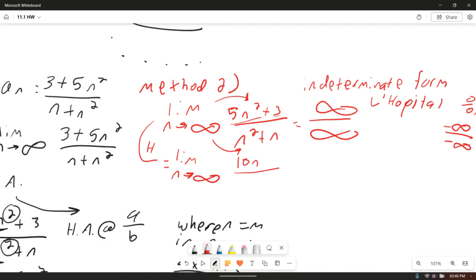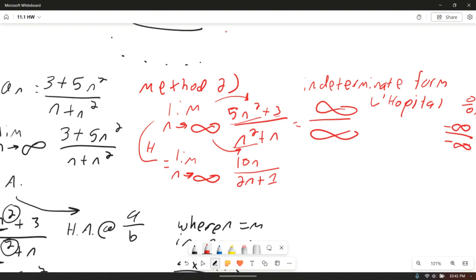The derivative of a constant is 0, so that goes away. The derivative of n squared is 2n, and the derivative of n is just 1.